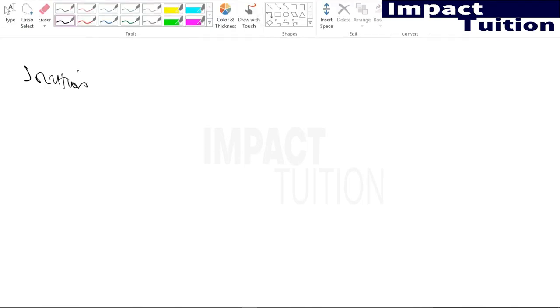Non-controlling interest share of capital. NCI share of capital.